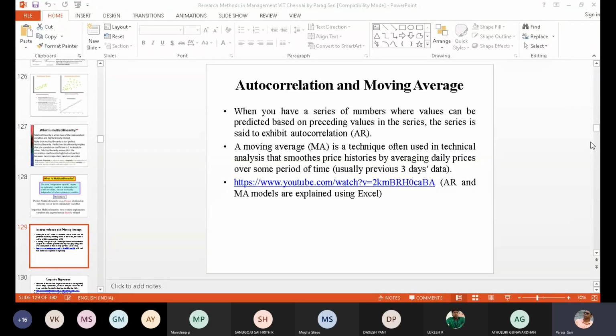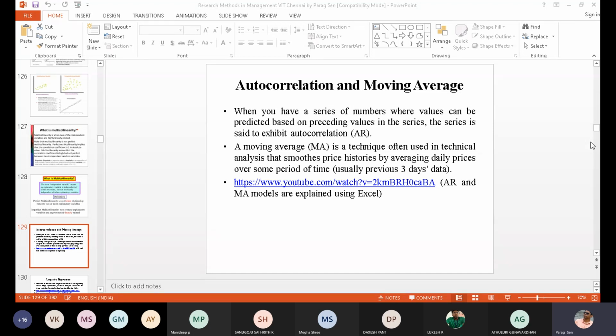For example, suppose you have a time series data, and in that data series the previous values have a relationship with the current value or the future values.